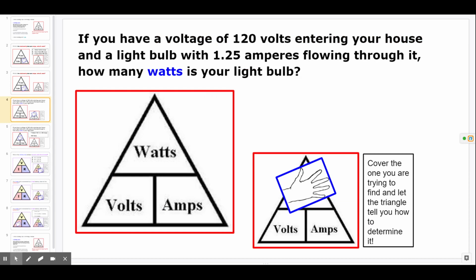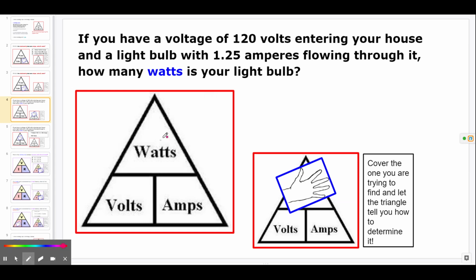We can use a formula triangle to solve any question asking about watts, volts, amps, or wattage, voltage, and current. If we have 2 knowns, we can solve for the third unknown.